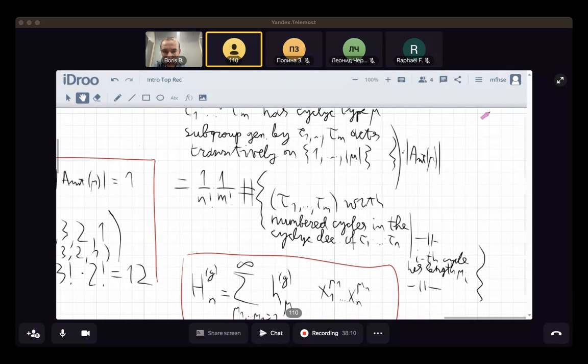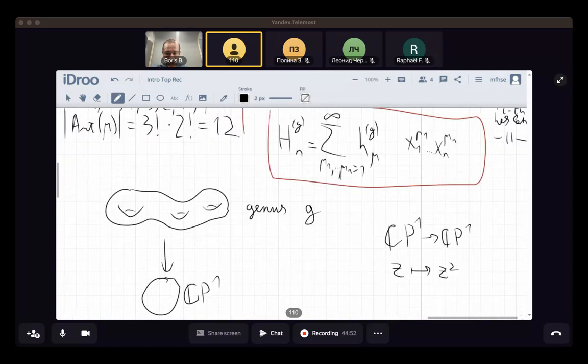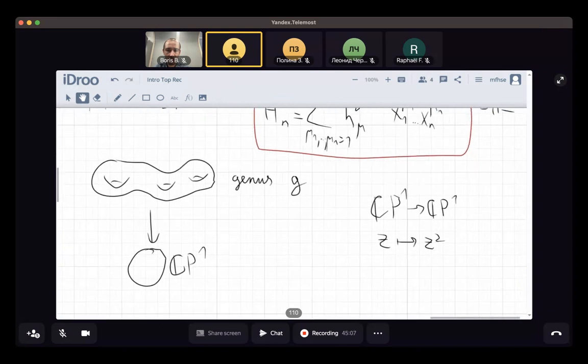How does this look? It will be a ramified covering with 2 points. If you consider CP1 minus 0 and infinity, then in this set, every point has exactly 2 pre-images.